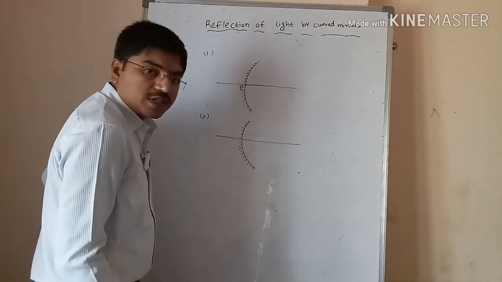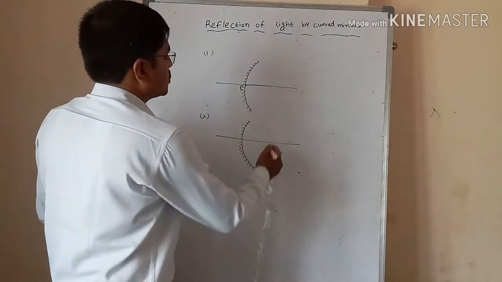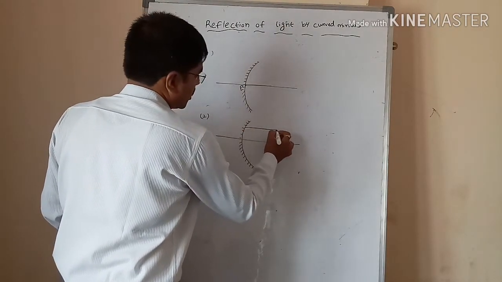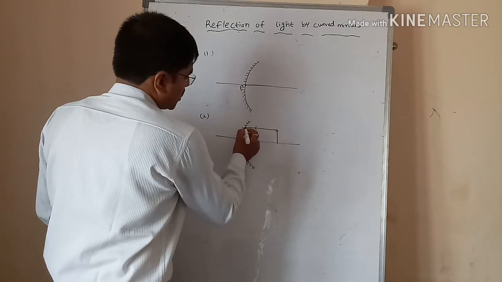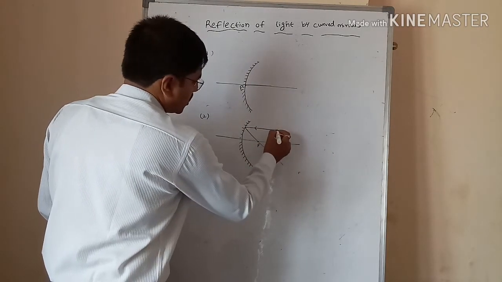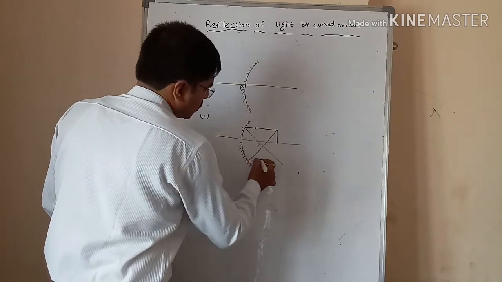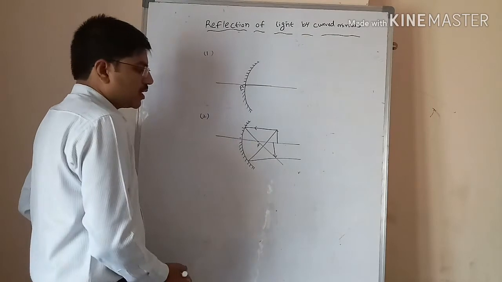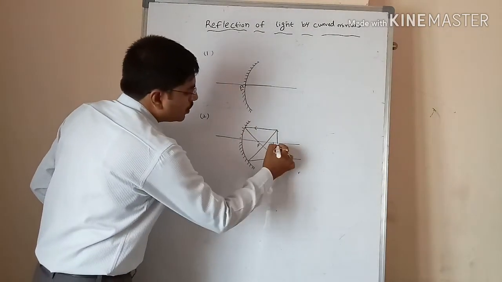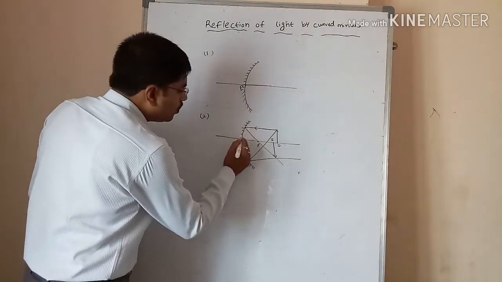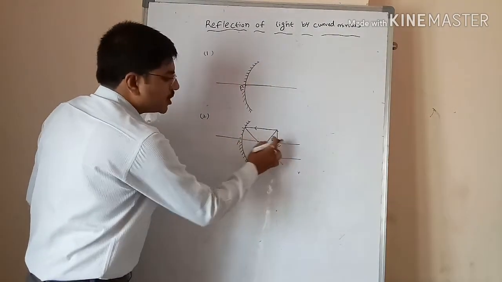What I said is that the incident ray direction is positive. For example, this is a ray. It should be passing through a focal point, then another ray is also there. Just you can see that this is the making of the image. So now PO is the object distance.